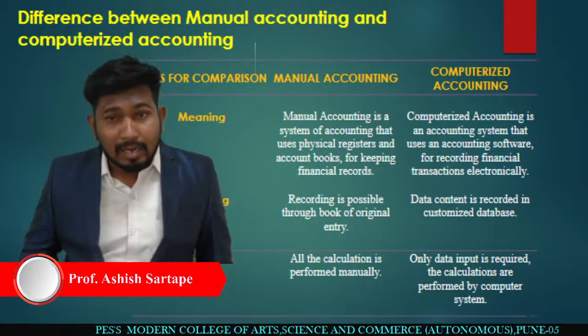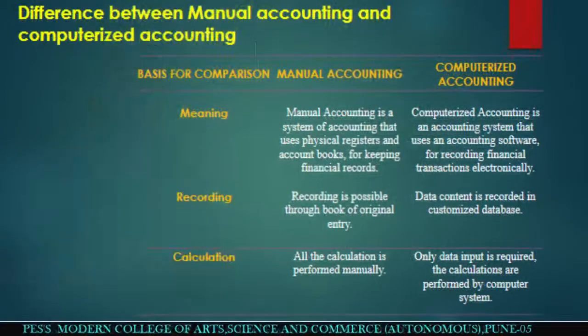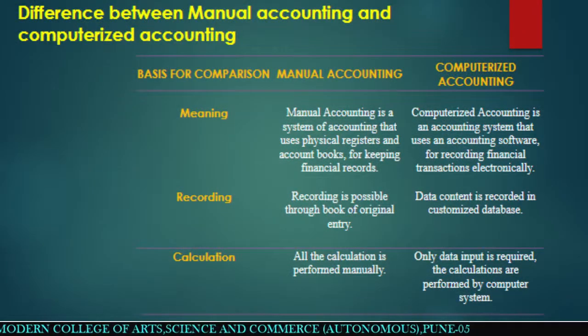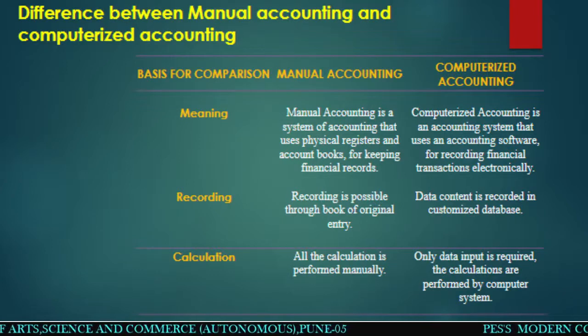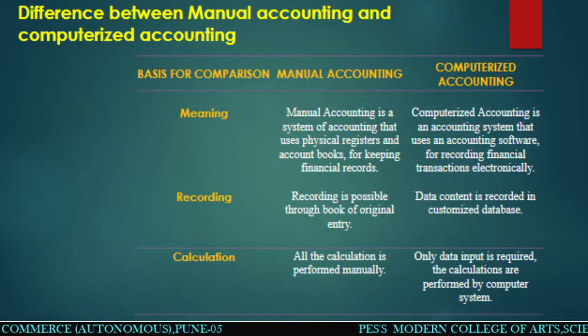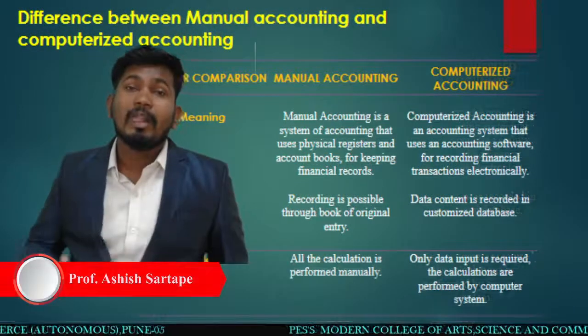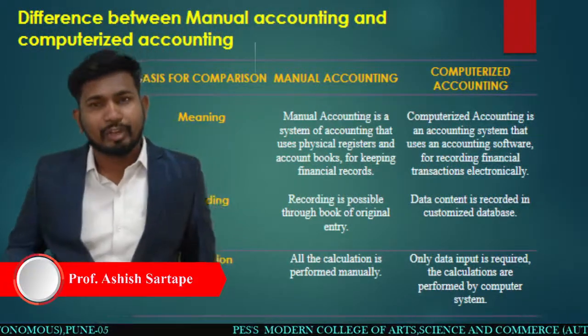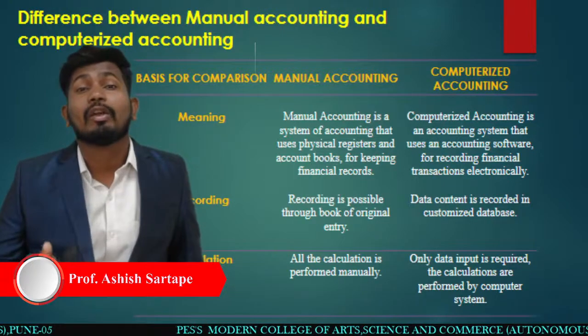But computerized accounting is an accounting system that uses accounting software for recording financial transactions electronically. So using accounting software, we record all the financial records in an electronic way.